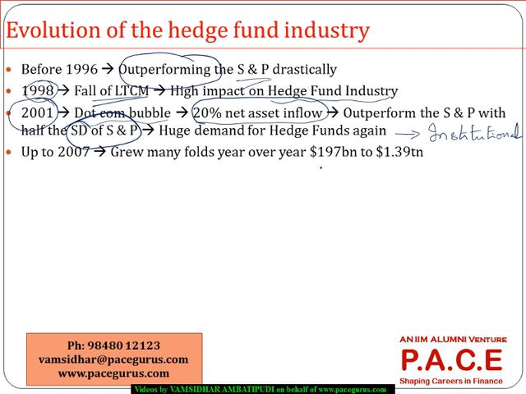So it has grown many folds year over year over a 5-6 year period. But of course, during the last few years, because of the global financial crisis, even the hedge fund industry is having its own layer of disadvantages.